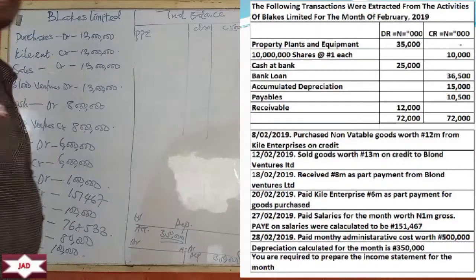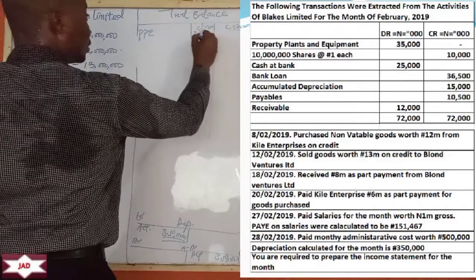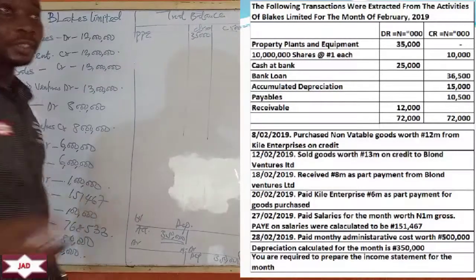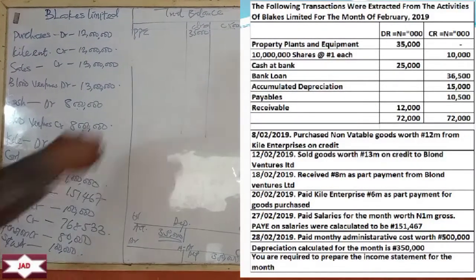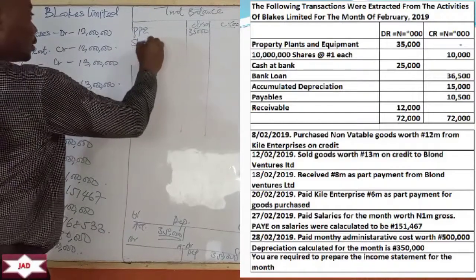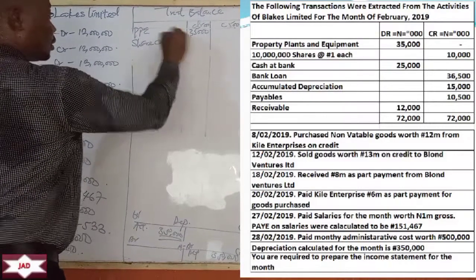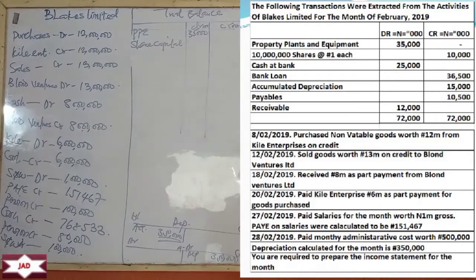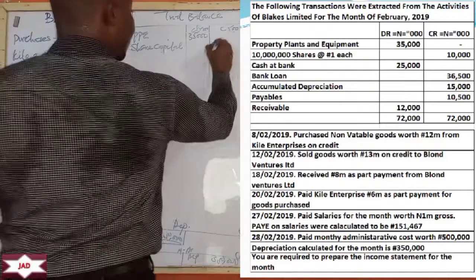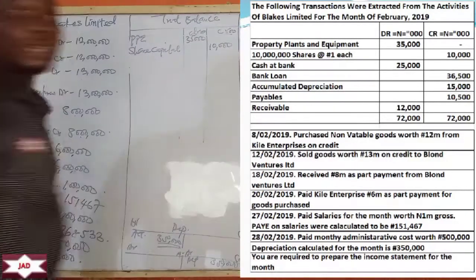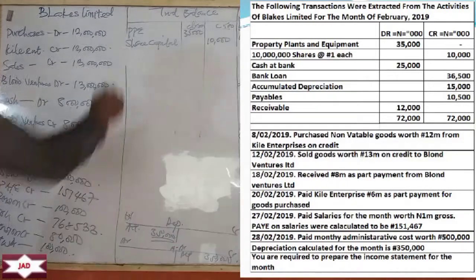Debit, 35 million. Right? Share capital. What do you have? Credit, 10 million. Right? Cash at bank. So that's bank.